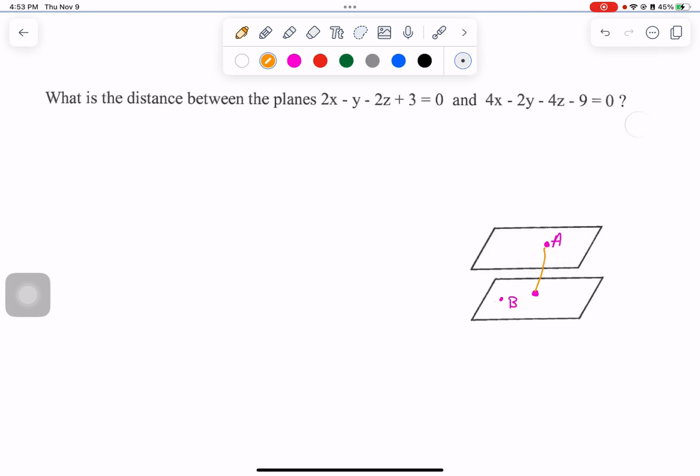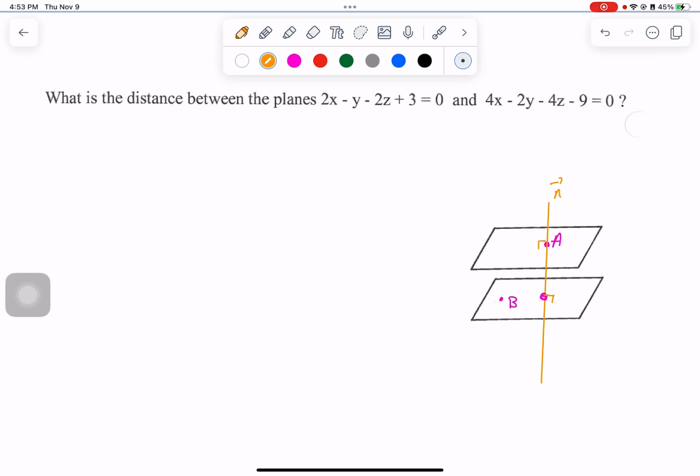So that's going to be a normal to both planes. And that's a beautiful thing. And guess what?